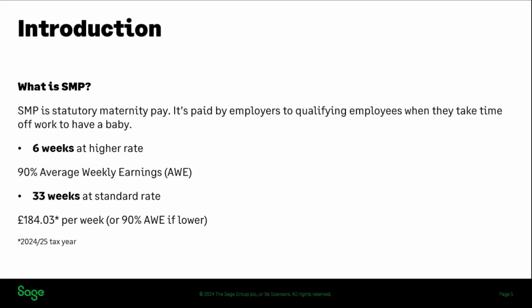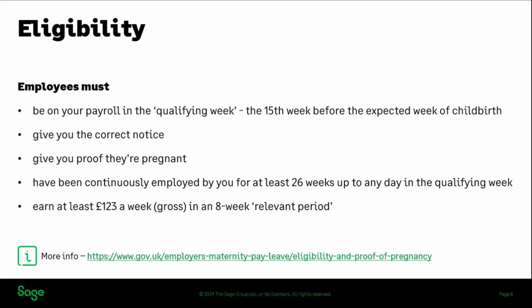But for an employee to qualify for SMP, they do need to meet the eligibility criteria. So a quick look at those on the current slide, and this is taken from the gov.uk website. Employees must be on your payroll in the qualifying week. That is the 15th week before the expected week of childbirth. They need to give you the correct notice, so that would be 15 weeks before the due date.